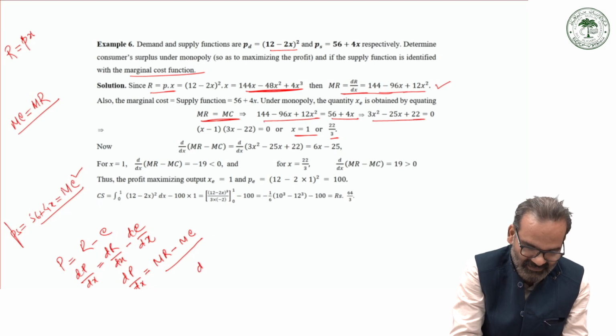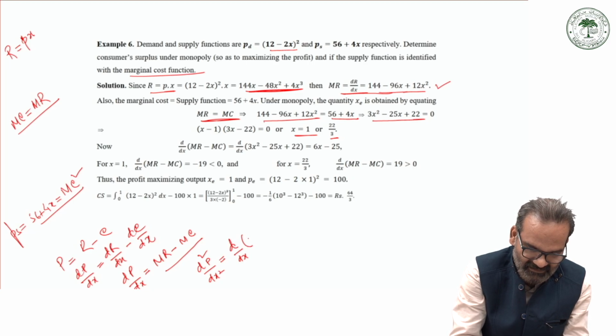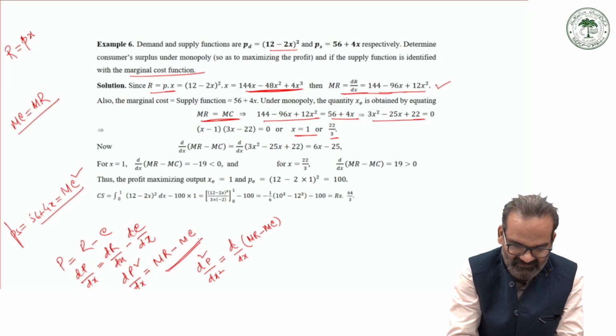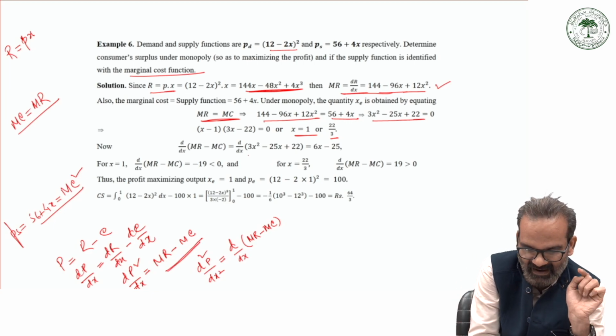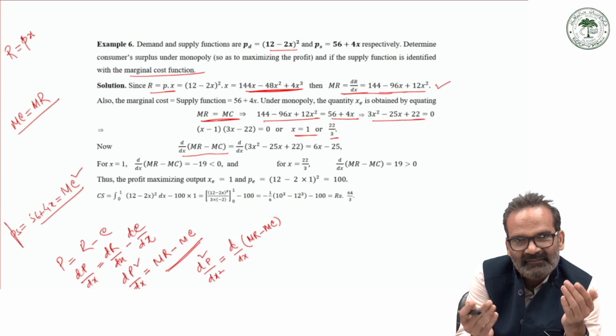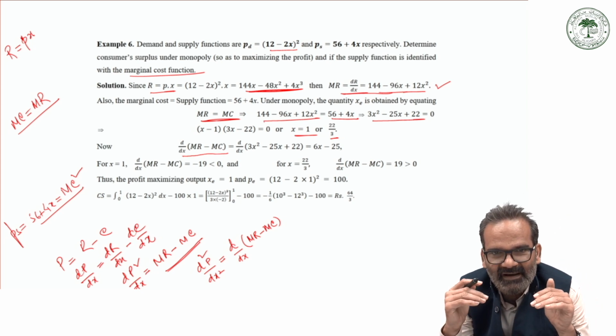If we calculate the second derivative, d square P over dx square, this means the derivative of MR minus MC, that is d over dx of MR minus MC.